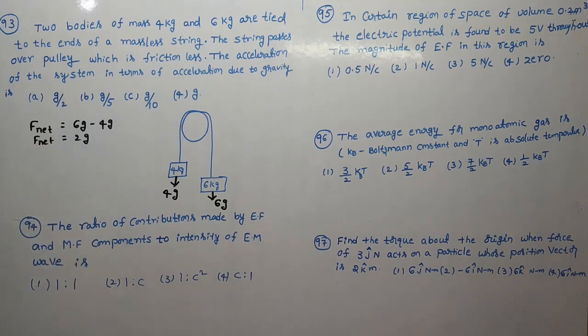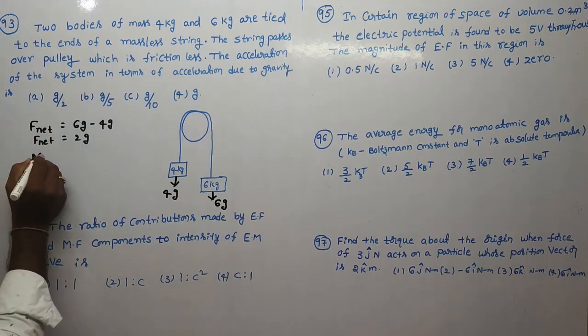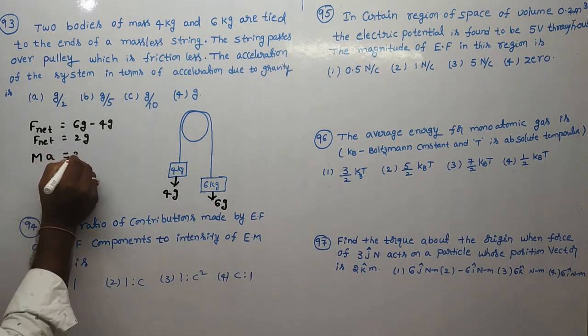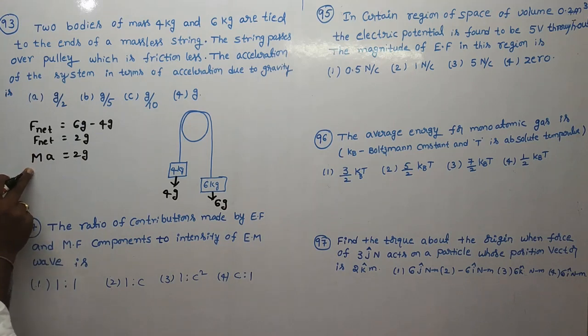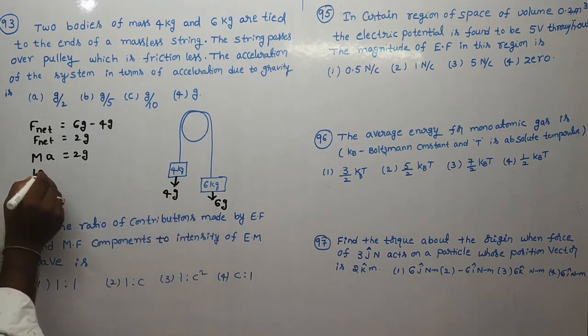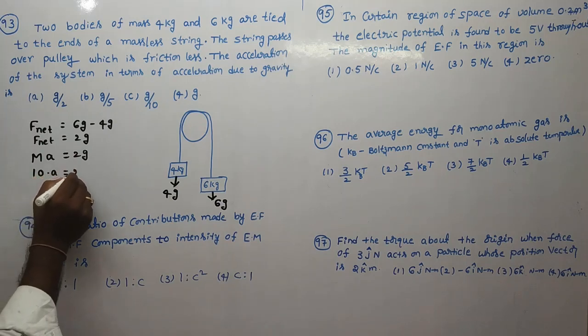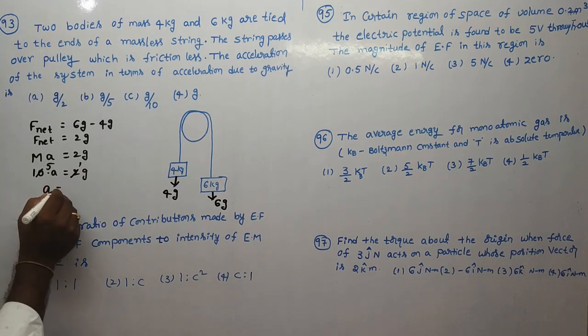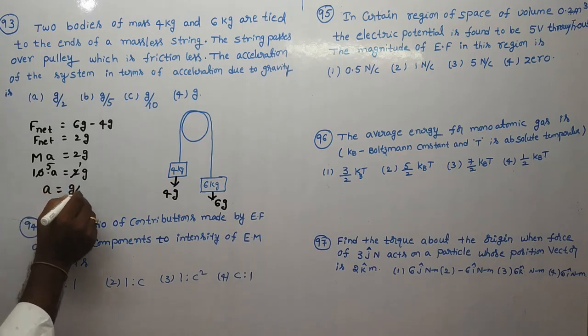F net is nothing but the total mass of the system times the acceleration of the system. Ma equal to 2g. Total mass means 4 kg plus 6 kg, that equals 10 kg, into a equal to 2g, 2 ones are 2, 2 fives are 10. Therefore, acceleration a equal to g by 5.